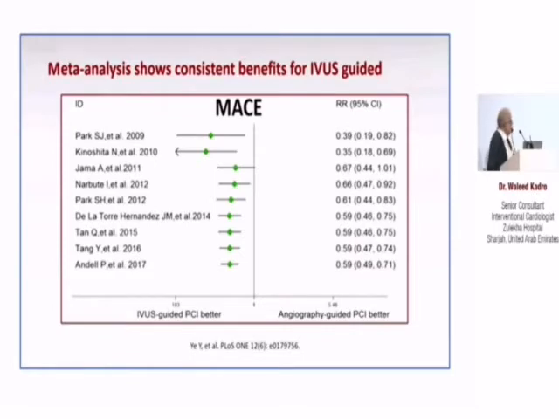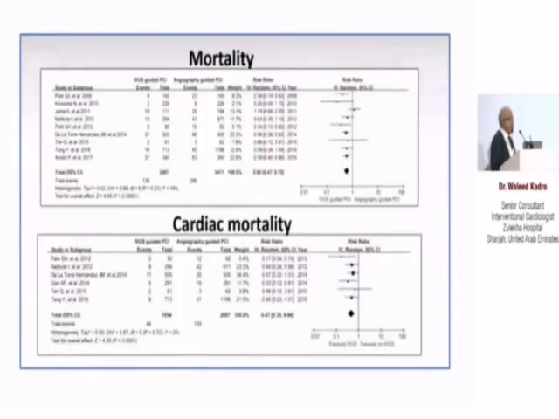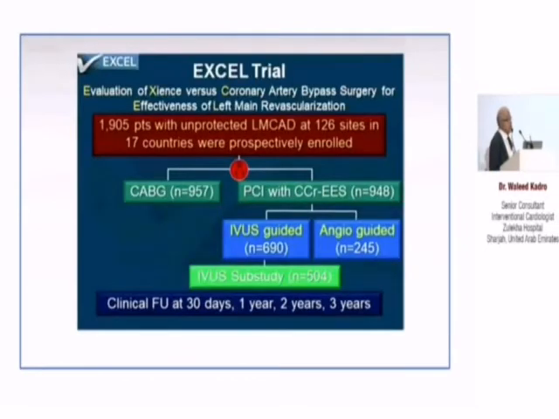And this is the meta-analysis for all the studies that used IVUS, and we got significant improvement: IVUS-guided PCI is much better compared to angiography-guided PCI, and that's reflected in mortality and cardiac mortality.